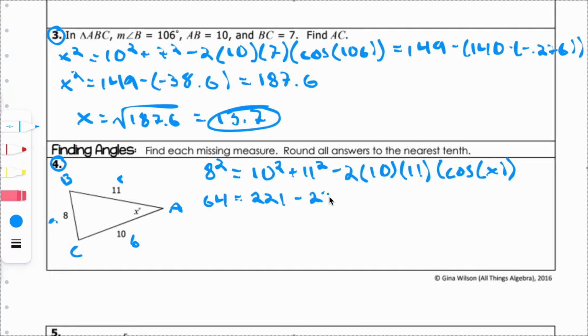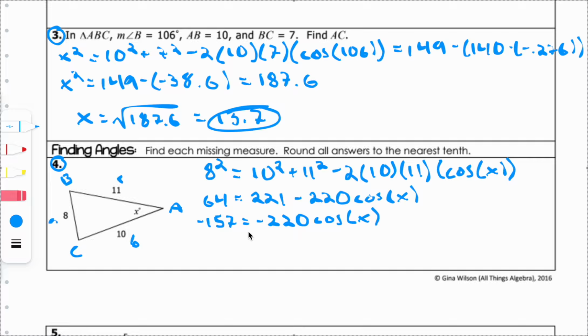So I'm going to say minus 220 cosine of x. So now we just have to simplify. So I'm going to subtract 221 from both sides. And that's going to give us negative 157 equals negative 220 times cosine of x.